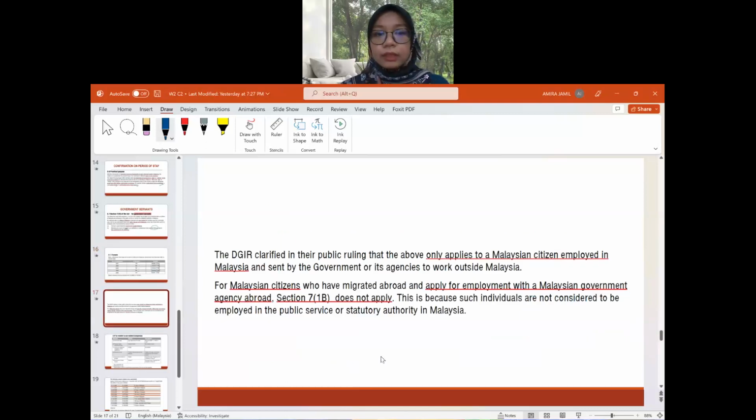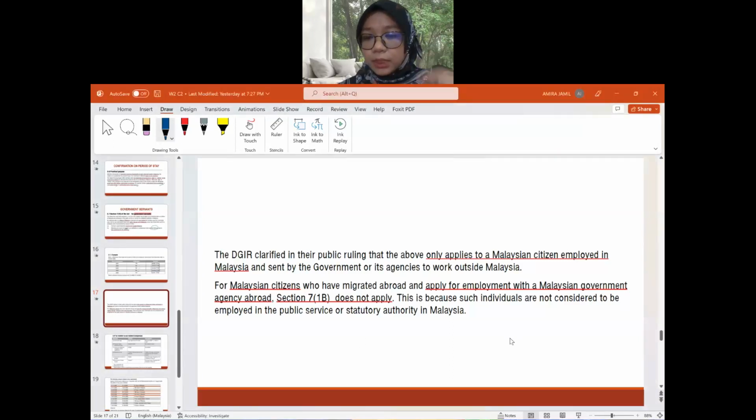But this rule 7(1)(b) is only applied to a Malaysian citizen employed in Malaysia, and they have to be sent by the government overseas to work outside of Malaysia. But if the Malaysian citizen migrated abroad first and then they apply for employment with the Malaysian government abroad, section 7(1)(b) does not apply to them.